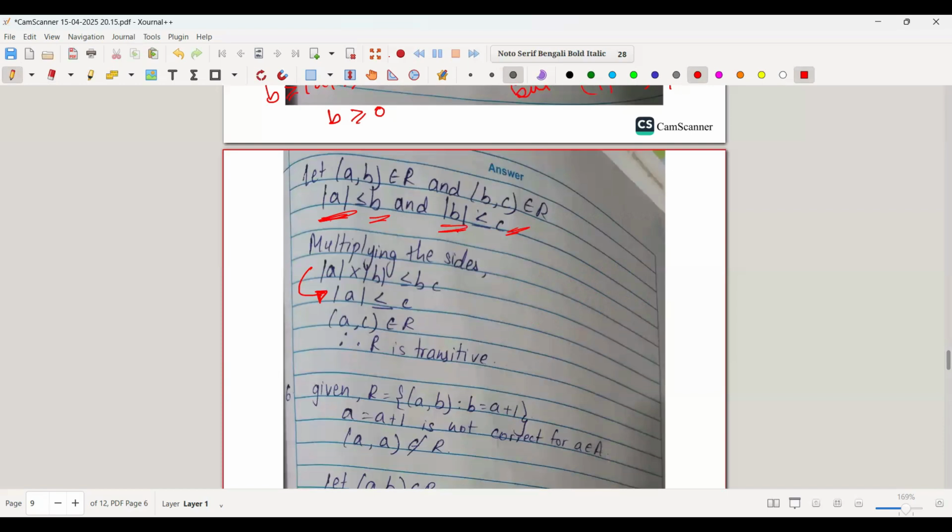In the previous case it can't reverse because mod A is already there. I am cancelling the mod B. You have cancelled the mod B. So because of B, it may reverse the inequality sign. There is no involvement of A and C. It is because of B.